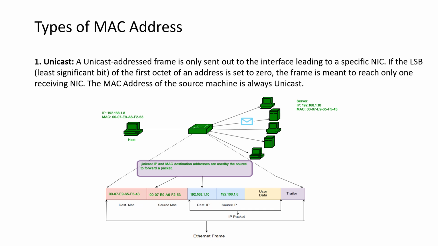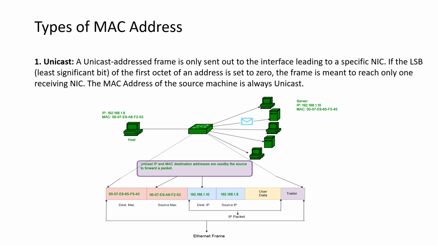For unicast, as we know, the host provides the message in the form of frames. In a frame, destination MAC address, source MAC address, destination IP, source IP, everything is mentioned, isn't it?